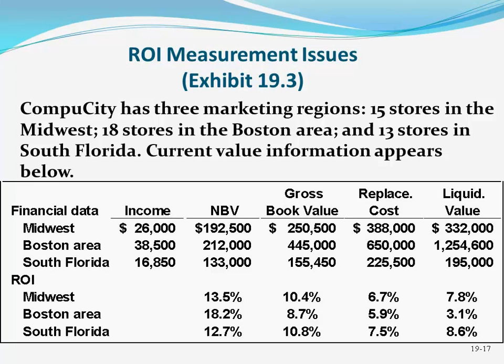And the lowest numbers you're going to get on replacement cost and liquidation value because you are dividing the same income by a higher asset base. So you could see how the different use of the assets can produce different measurements. And the measurements have to be interpreted differently.